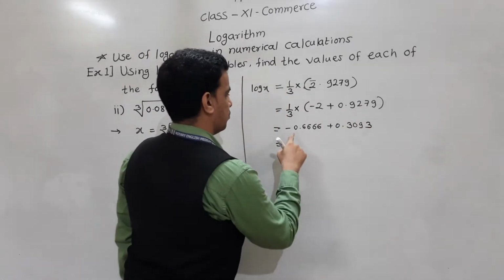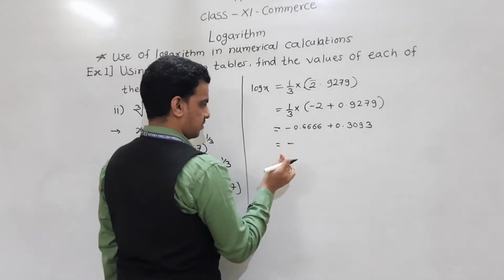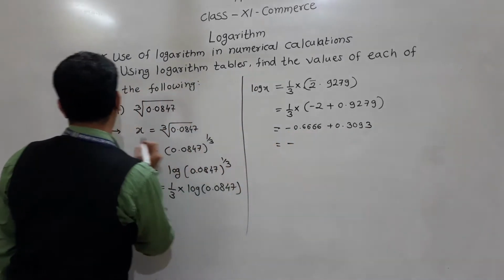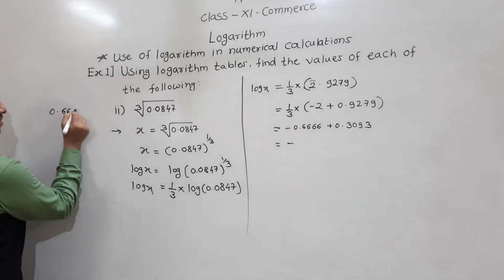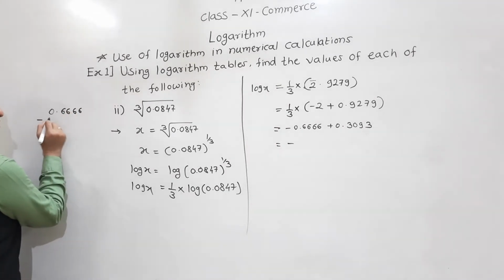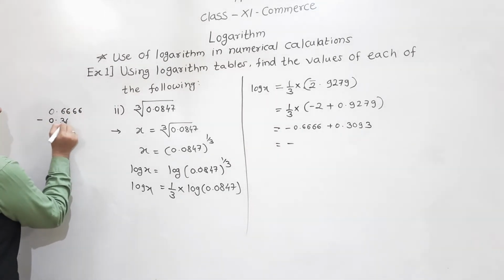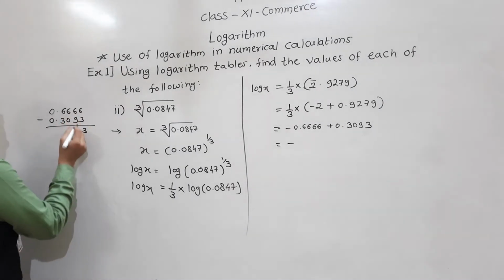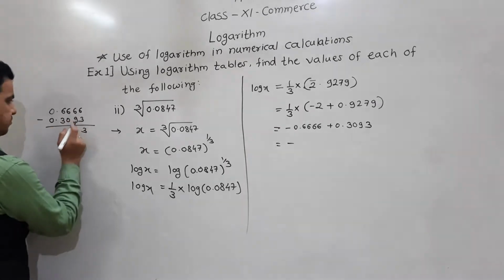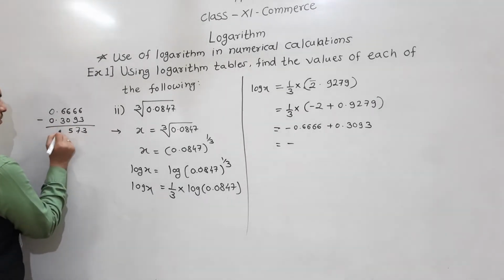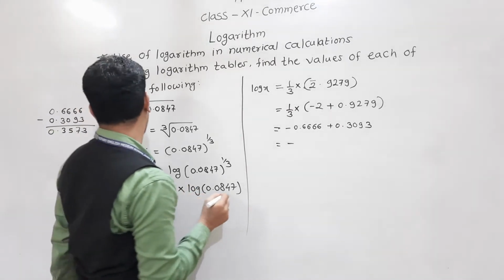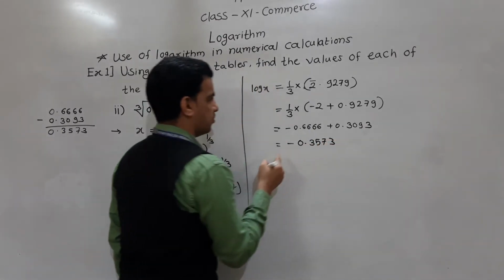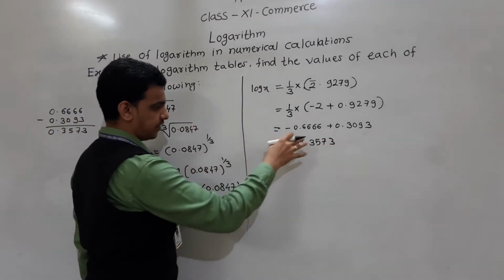Okay, now this number is greater, so the answer is negative. So we have to subtract this number from this. So 0.6666 minus 0.3093: 6 minus 3 is 3, then 16 minus 9 is 7, 5 minus 3, so 0.3573. So minus 0.3573.